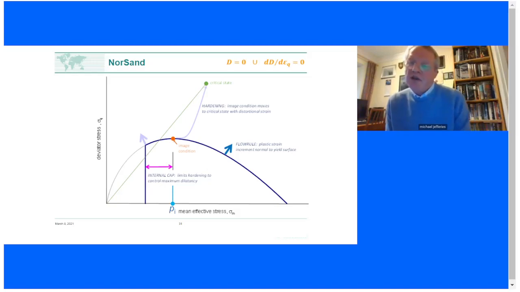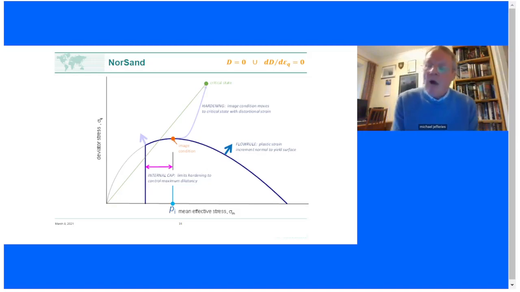Condition number one for the critical state is the dilation has to be zero. But this has to be combined with a second condition, that the rate of dilation does not change with further distortional strain. The critical state is, if you will, a dynamic, stable condition that can continue in perpetuity. At the image condition, we're only meeting dilation equals 0.